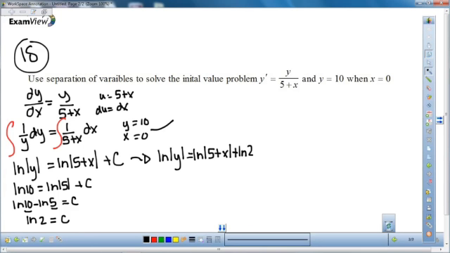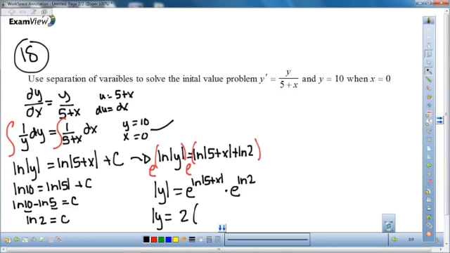So I'm going to go ahead and take e of both sides. I'm going to write this as two problems. It's the same base, so I can break it apart as multiplication. So I'm going to have 2 times the absolute value of 5 plus x.